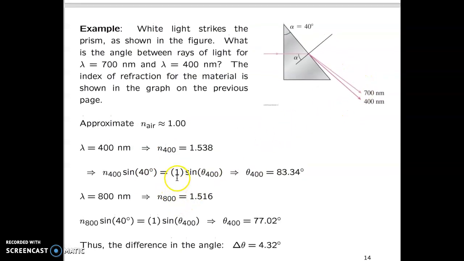That's why I have a 1 here. And the angle is theta 400. So our one unknown is, after we substitute in this value for the index of refraction for the 400 nanometer light, 1.538, we find the angle of refraction is 83.34 degrees.